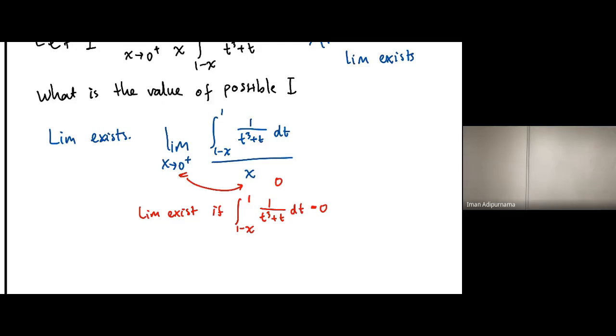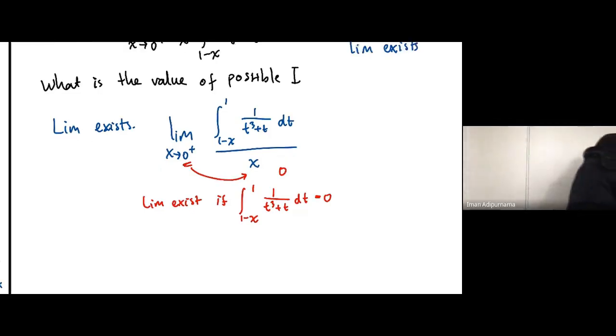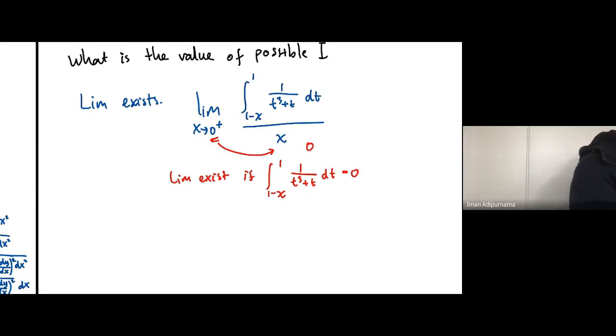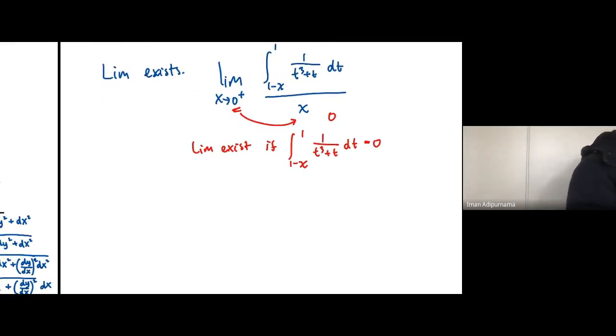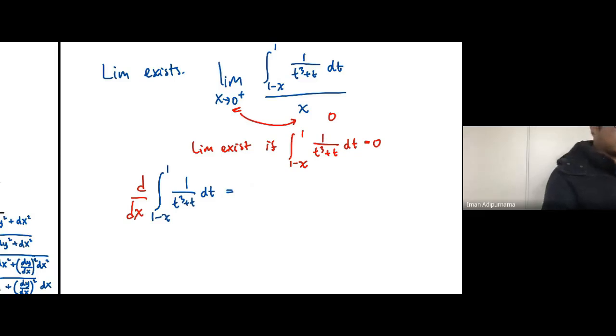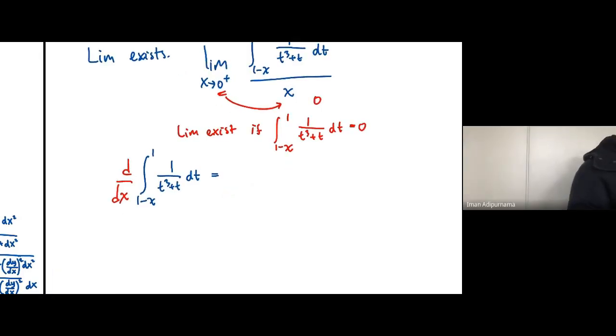Okay. That means if you have a 0/0 situation, you can derive using L'Hopital's rule, right? So we can derive the integration. Let me just write down the d/dx. So we can plug in the formula.